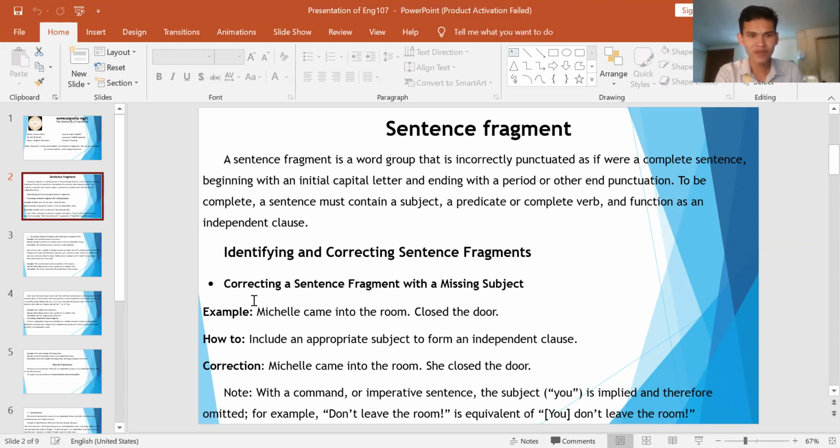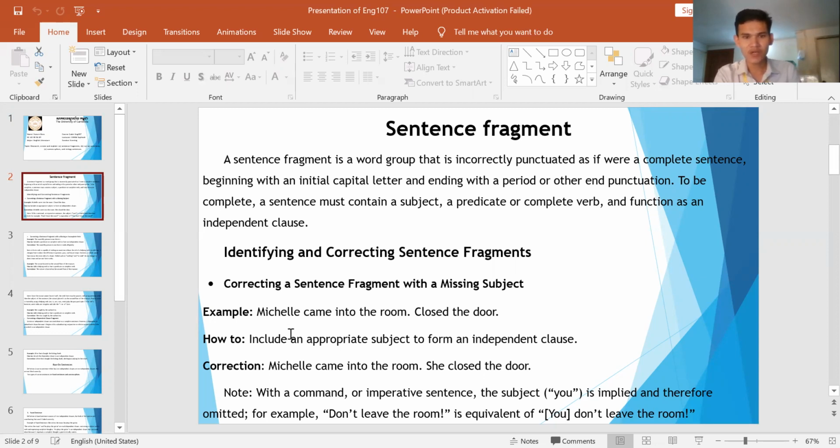For example, Mitchell came into the room. Okay, we call this a sentence or an independent clause. Full stop. Close the door. The second sentence doesn't have a subject. So how to fix it? We need to include an appropriate subject to form an independent clause.